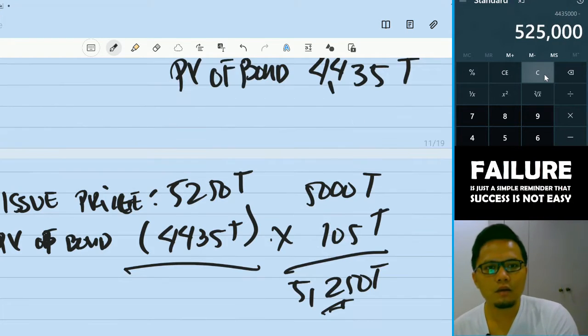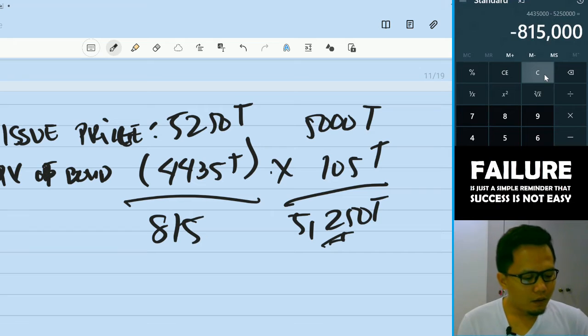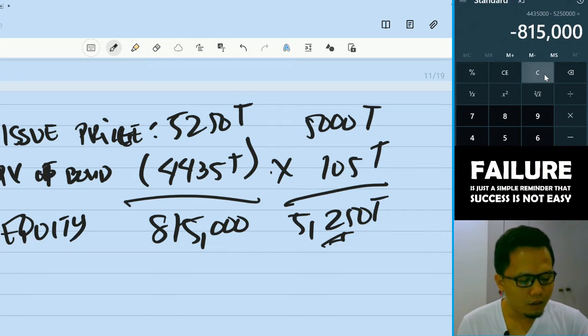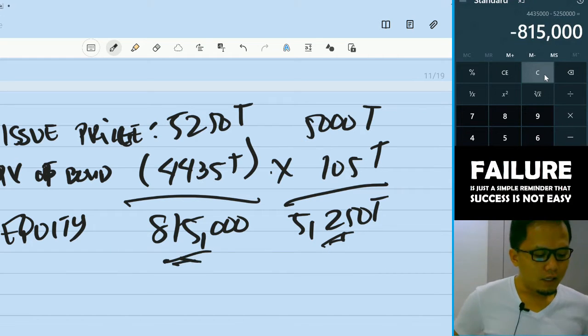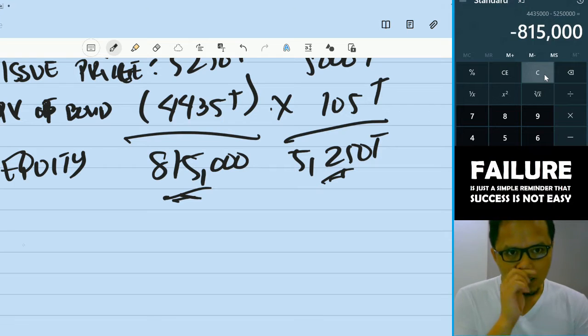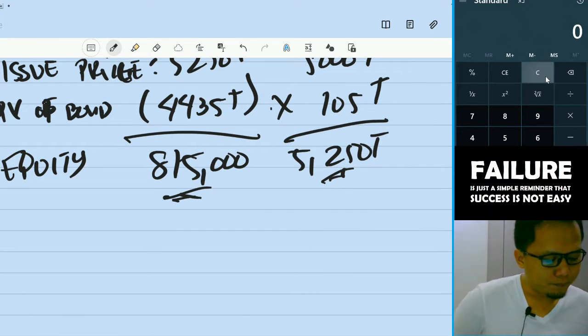Less, so 815,000, this will be your equity or the share warrants outstanding.